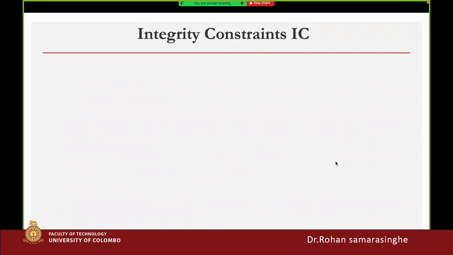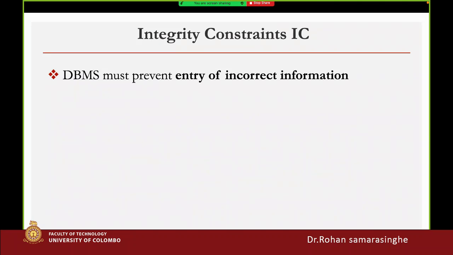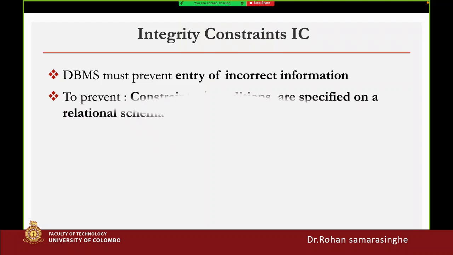Integrity constraint, normally called IC: the database management system must prevent entry of incorrect information. To prevent this, constraint conditions are specified on the relational schema.